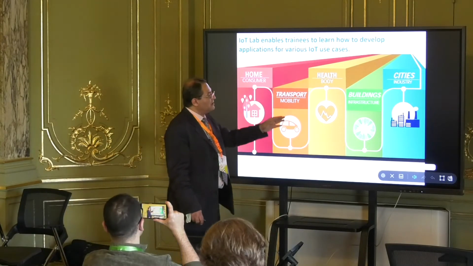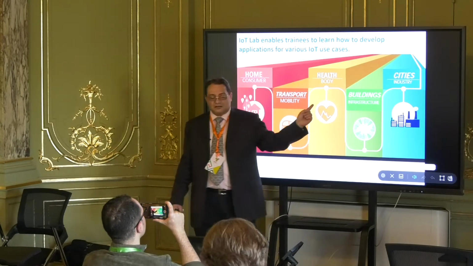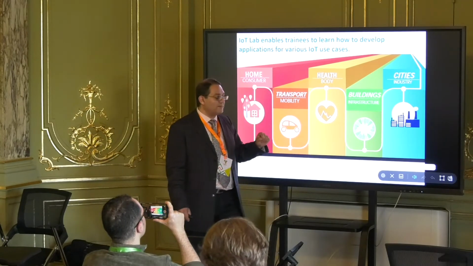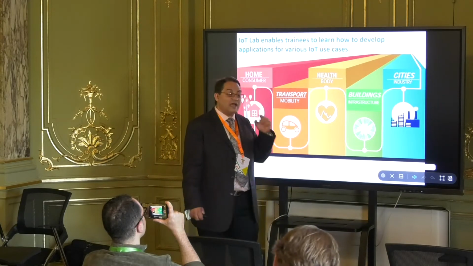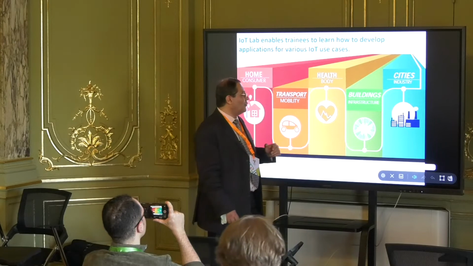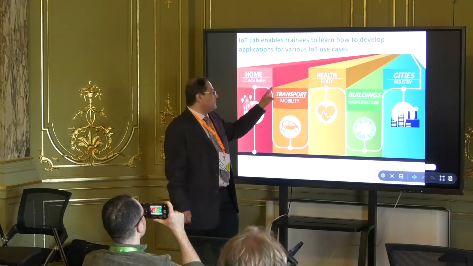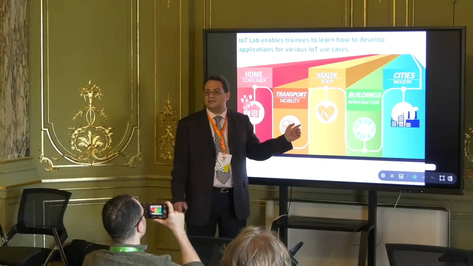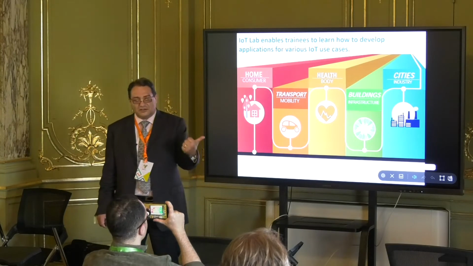The other 3 pillars are building management. These are coming from the building management solutions or BMS solutions, which at a point of time will turn to be IoT based solutions as well. Transport and mobility is a very famous pillar. This includes self-driving cars.